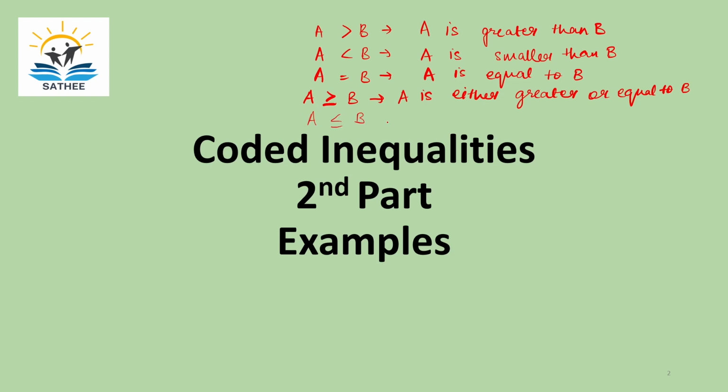This symbol again means two possibilities, that A is either smaller or equal to B. Correct? So only these 5 symbols are there in coded inequalities that we have to take care of, correct?